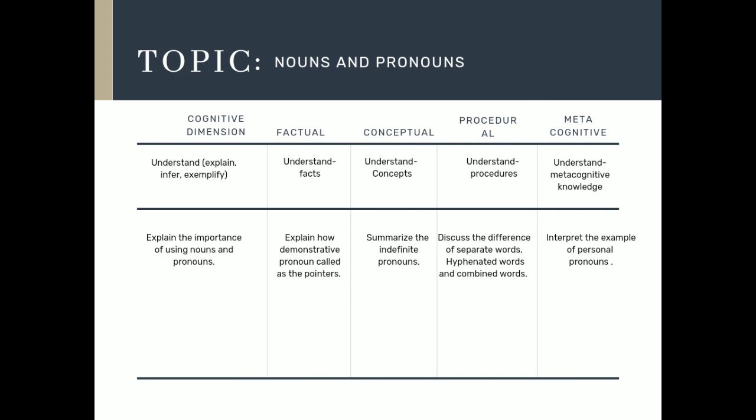For the factual, which is understand facts, I wrote my learning objective: student will be able to explain how demonstrative pronouns act as pointers. For the third column, understand concepts: student will be able to summarize the indefinite pronouns.